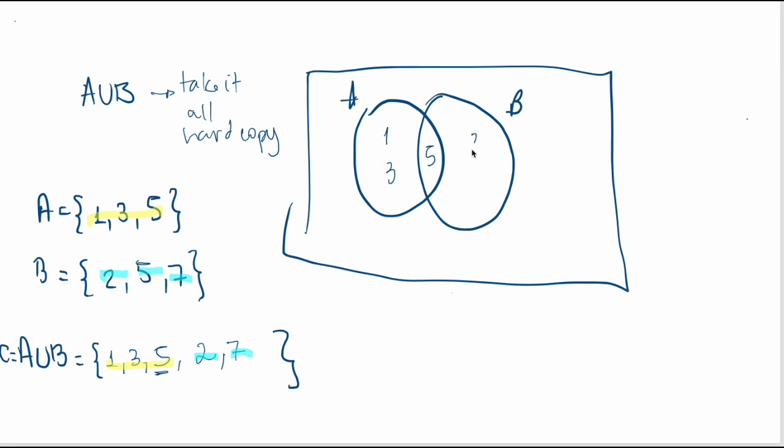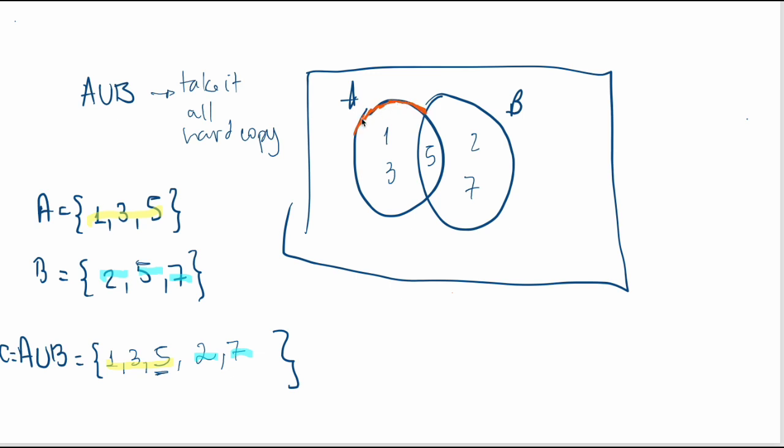So B contributes 2 and 7, and A and B share this 5. So what is the union?